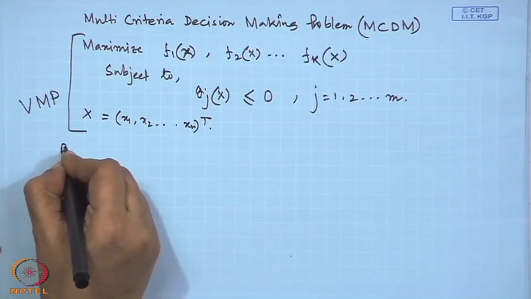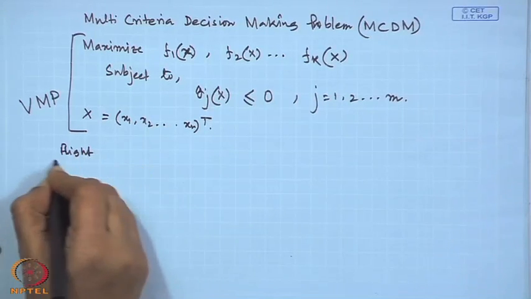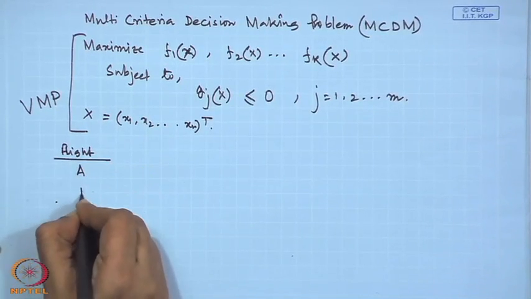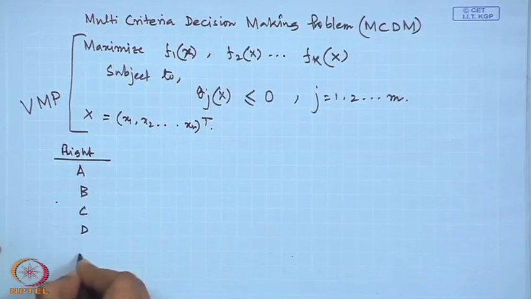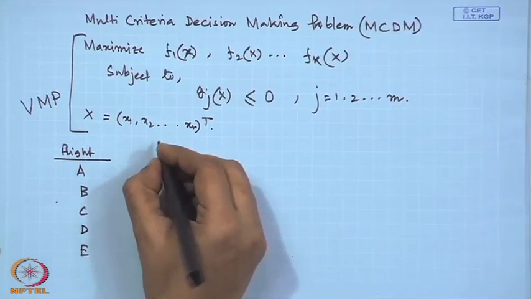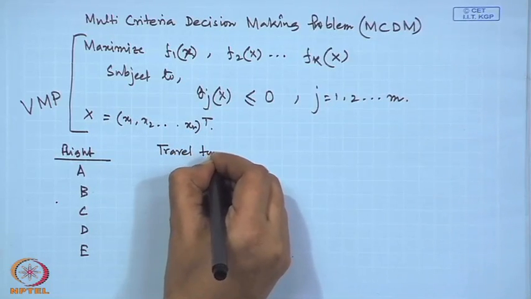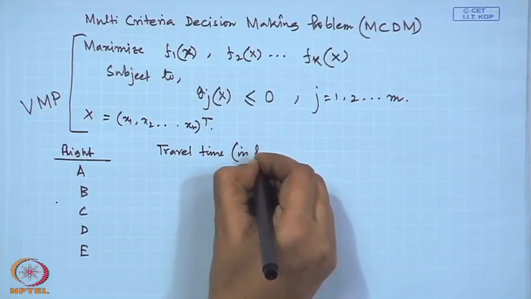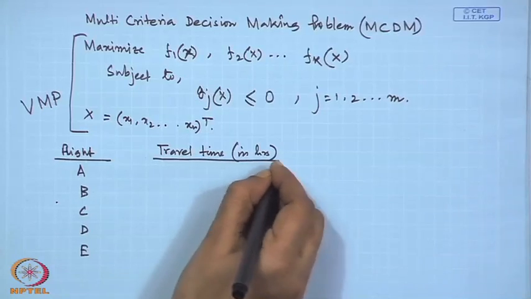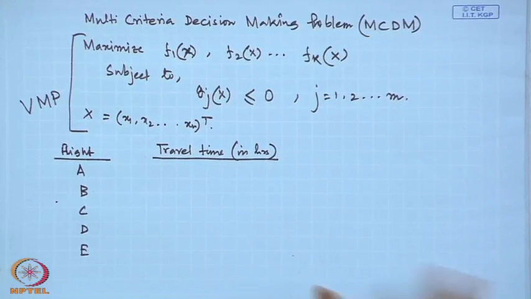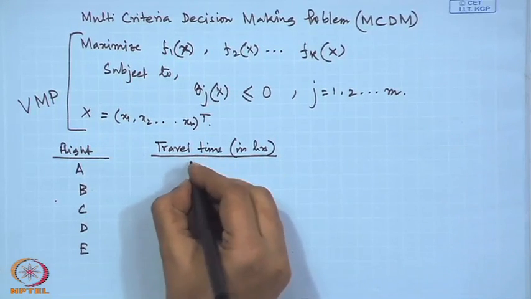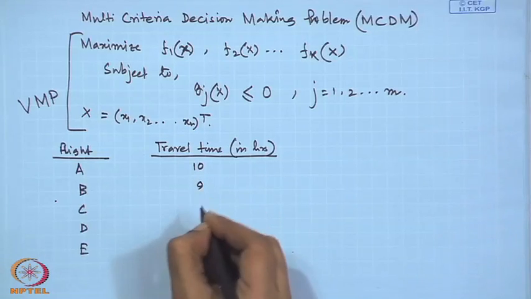Say there are a few flight options: A, B, C, D and E. We have the information about the travel time, given in hours. We want to plan a long trip, which is why the travel time is high.